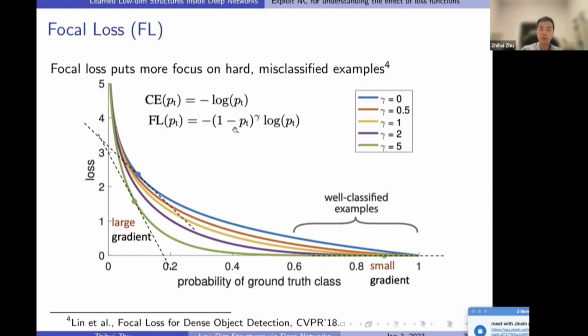By doing this, we put more focus on the misclassified samples. If we look at the left-hand side figure, there are two points, the green one and the blue one. If the probability is small, which means it is misclassified, then the green point has a much larger gradient than the blue point.